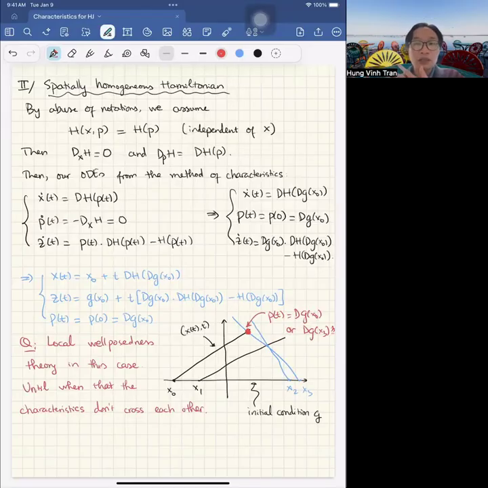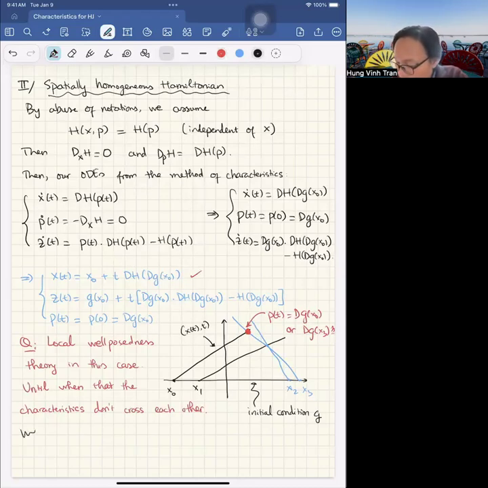Because if they were the same vector, then you look at the first equation here for x. If dg of x naught is equal to dg of x3, then that means that the two characteristics from x naught and x3 are parallel. So let me write it down.